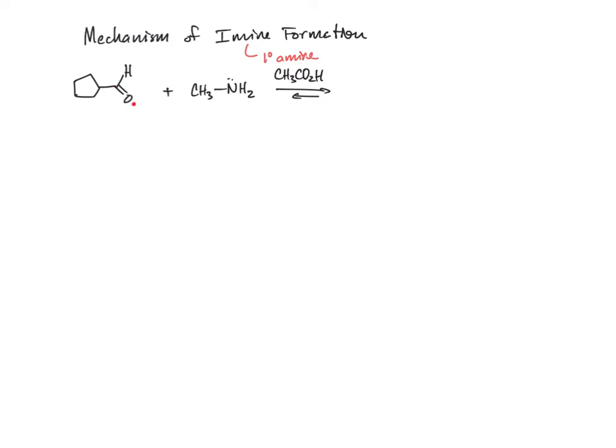We get the double bond to nitrogen and then whatever this substituent is. So there's your aldehyde skeleton, double bond to nitrogen, and then methyl group. So this is an imine. Our byproduct is water, and our acid catalyst is not incorporated into the product.